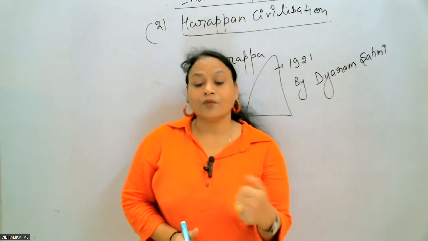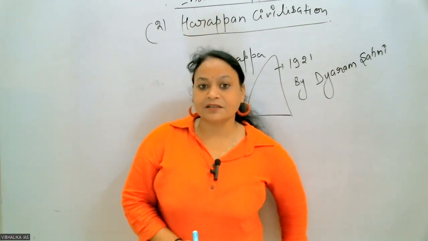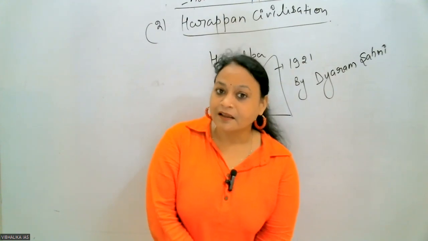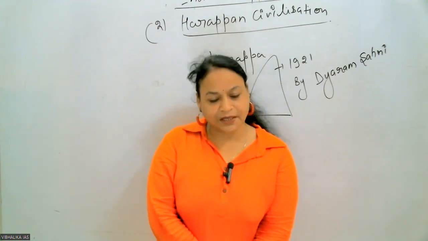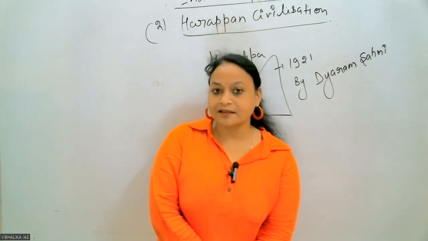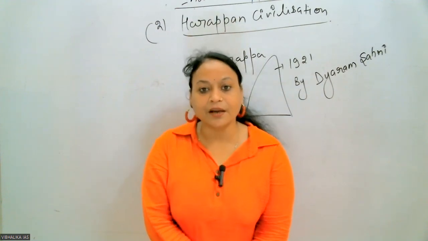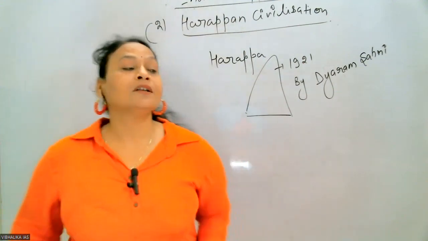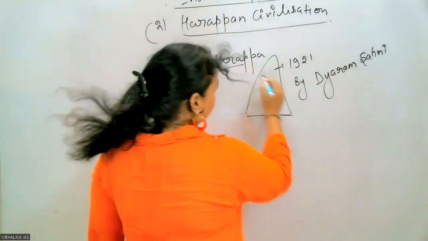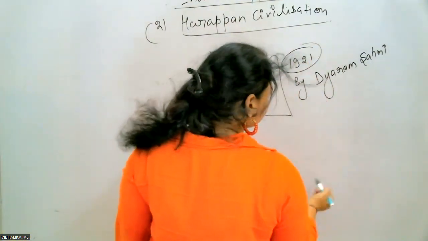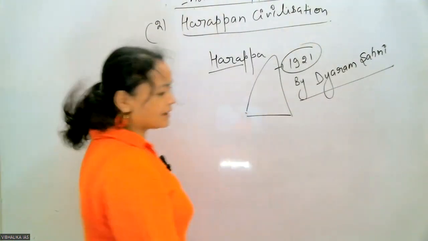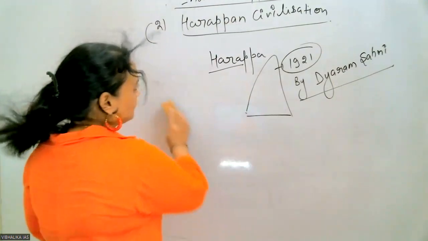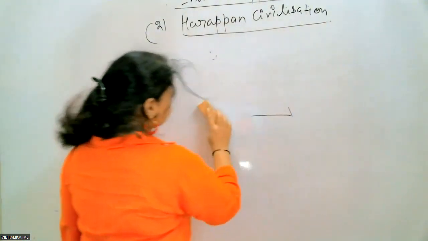So I think why this is called Harappan civilization, the concept is clear. The final concept is that it is the custom in history that a civilization is named after the first excavated site. The first excavated site is Harappa, excavated in 1921 by Dayaram Sahni. Clear?